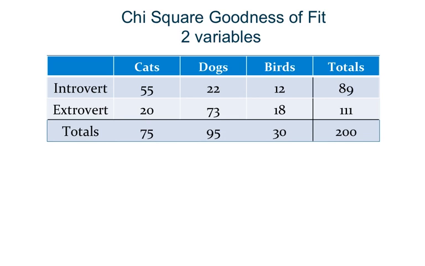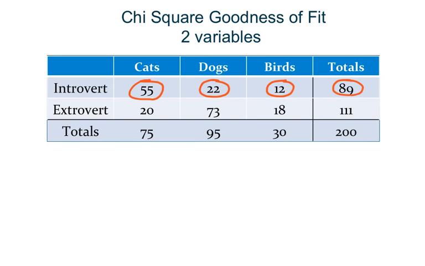So, for example, in this instance, 55 introverts owned cats compared to 22 introverts who owned dogs, compared to 12 introverts who owned birds. All total, we had 89 introverts.